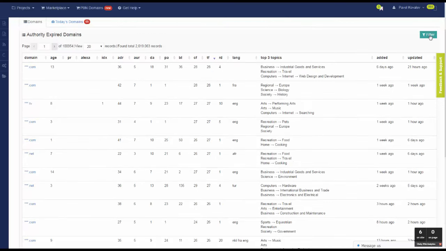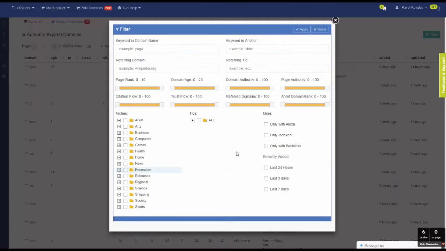And one more regarding the filter. Another very important metric that domain sellers very often mention is links from high profile, quote-unquote, TLDs, namely EDU, links from EDU sites, links from military sites, government sites.